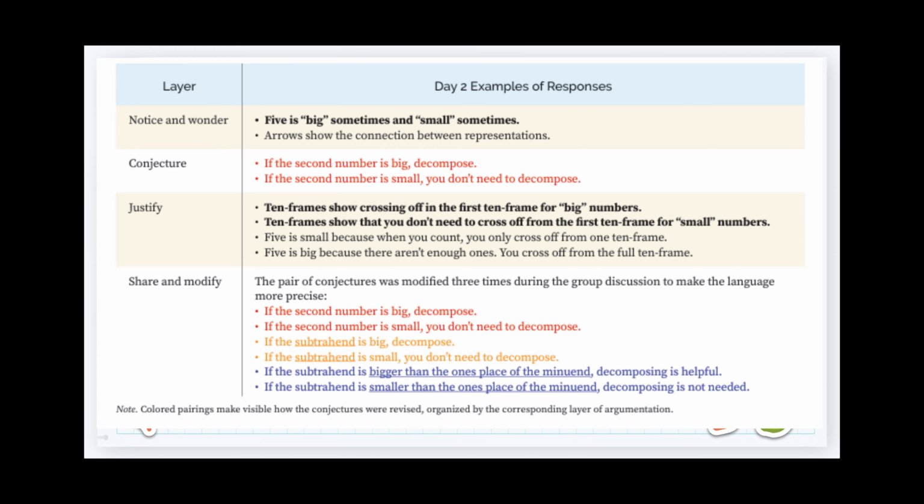So they used their evidence of using 10 frames to justify how they came up with this conclusion. And because of this, students are able to share their conjectures and justify how they came up with this. And then teachers can modify what they are saying by correcting them, like, oh, I think you're trying to say that this number is something else, and this is this and this now.